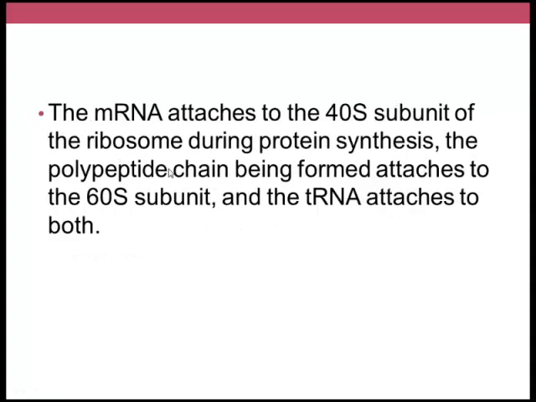The mRNA attaches to the 40S subunit of the ribosome during protein synthesis. For your information, the ribosome consists of two subunits, 40S and 60S, and here mRNA attaches to the 40S subunit. The polypeptide chain, on the other hand, is attached to the 60S subunit. tRNA combines with both of them.